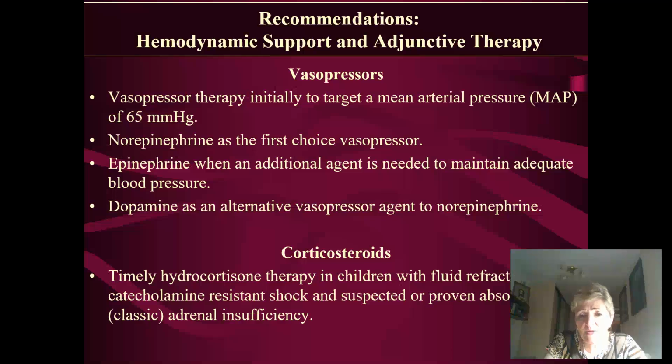Corticosteroids we recommend only for newborns or children with refractory, catecholamine-resistant shock, and when you suspect or have proven adrenal insufficiency, signs of adrenal insufficiency. Only in this case is steroid therapy recommended.